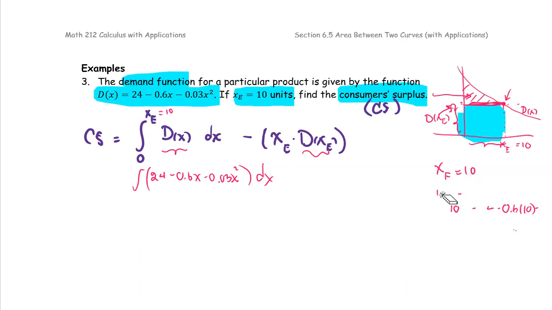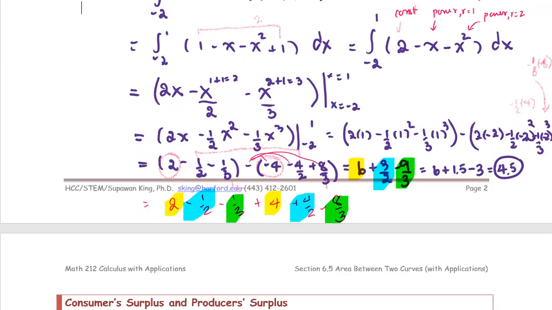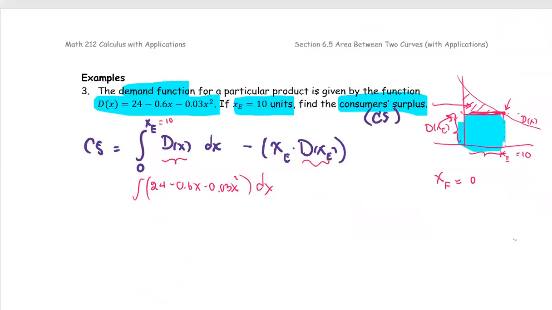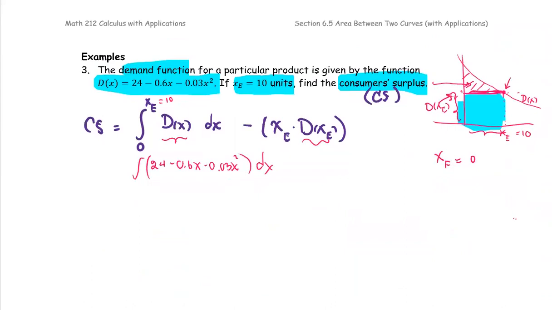Let me clean up and write it in better notes. We're going to find the price, the market price basically. So this is x at 10: 24 minus 0.6 times 10 minus 0.03 times 10 to the second.